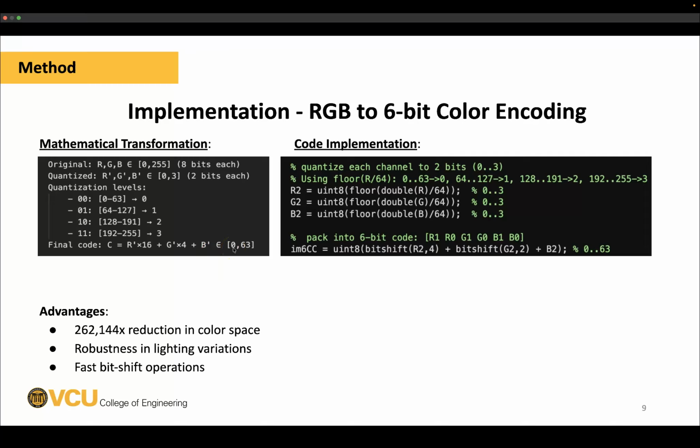And this gives us many benefits. The first being a dramatic reduction in our color space, which also leads to the benefit of making our system more robust to minor color variations or light changes, and also simply reducing computational requirements.